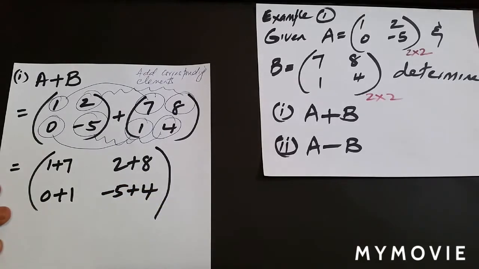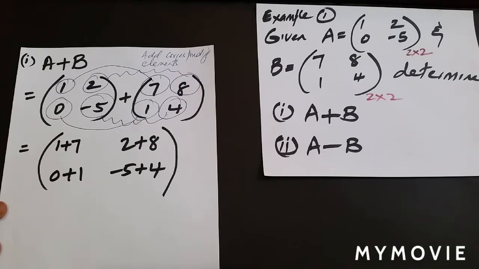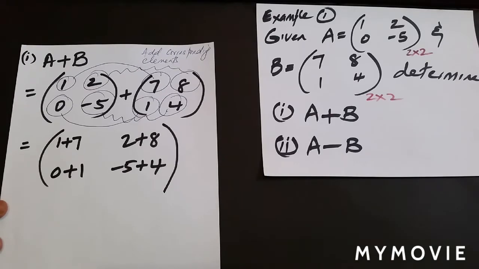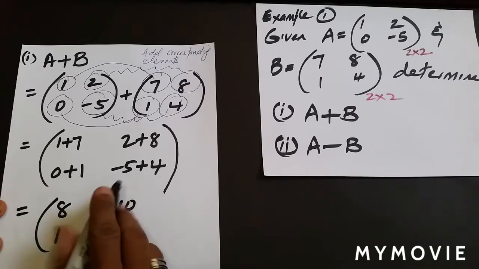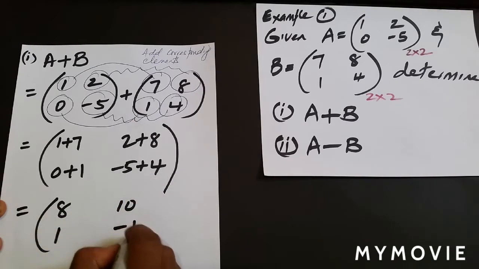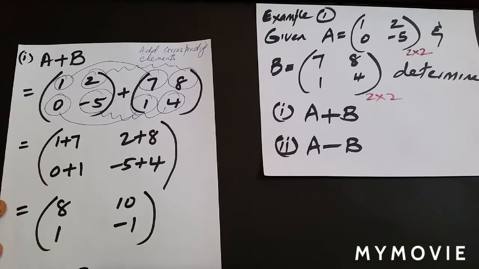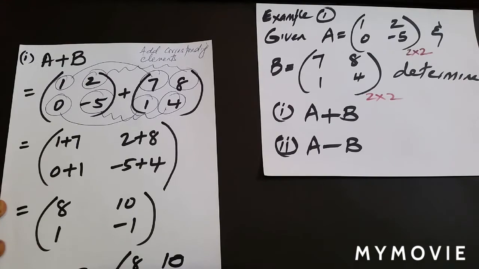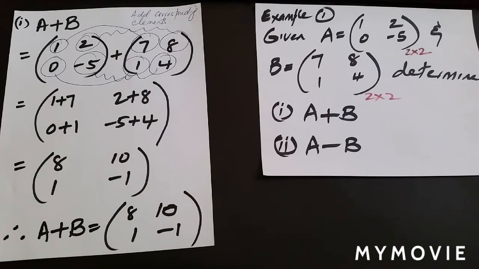Now, this step is very important when it comes to more challenging questions, especially when it comes to matrices having algebraic expressions in them. So this is simply going to be 8, 10, 1, and of course negative 5 plus 4 is negative 1. So therefore A plus B is simply going to be 8, 10, 1, and negative 1. So that would be the answer to the first part of the question.